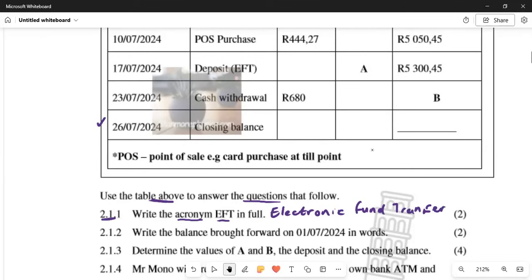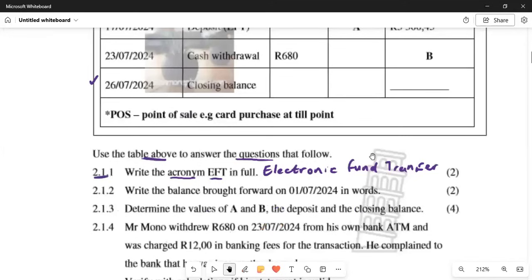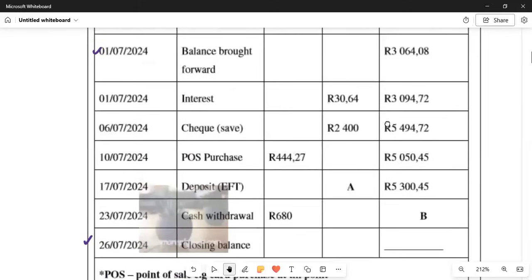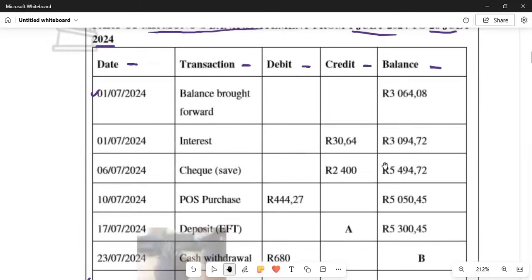Then they say, in 2.1.2, write the balance brought forward on the 1st of July 2024. So we go to the balance brought down on the 1st of July.